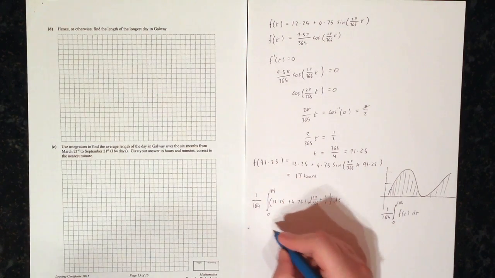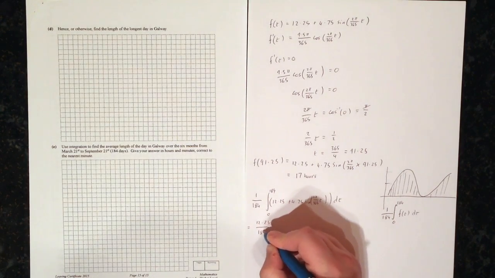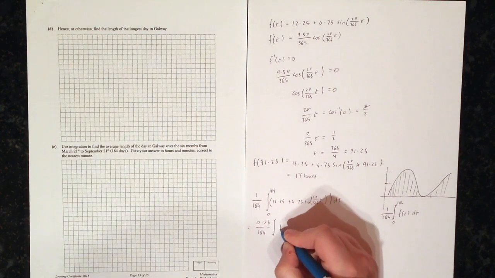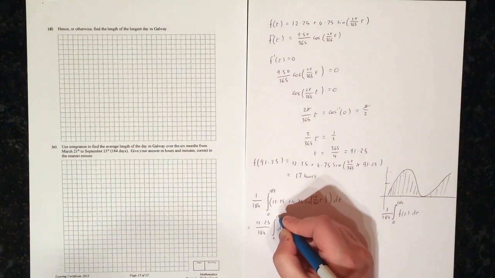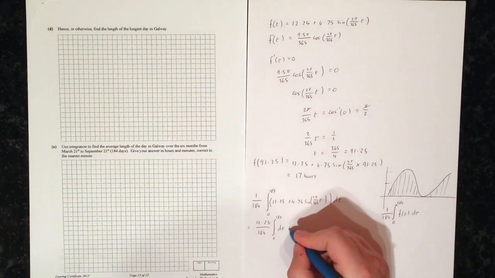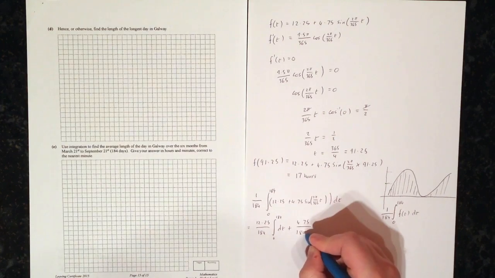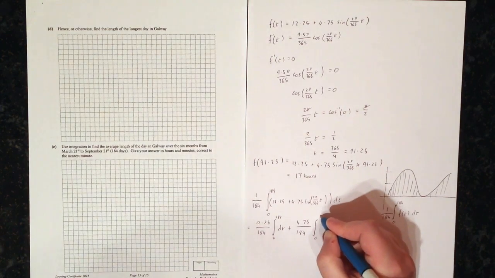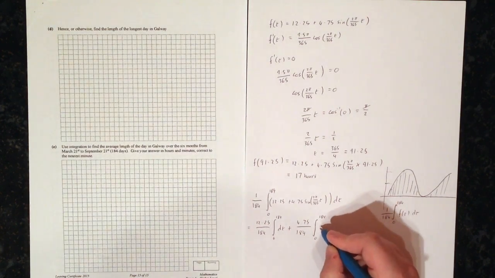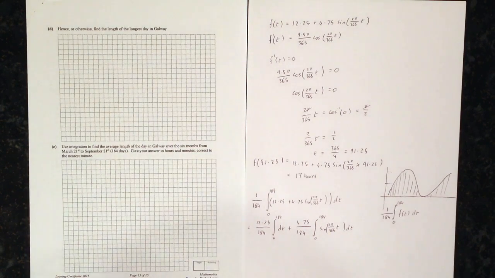So this will be equal to 12.25 over 184 times the integral of dt from 0 to 184. That's the first part. And then plus 4.75 over 184 times the integral from 0 to 184 of sine 2 pi over 365 times t with respect to t.